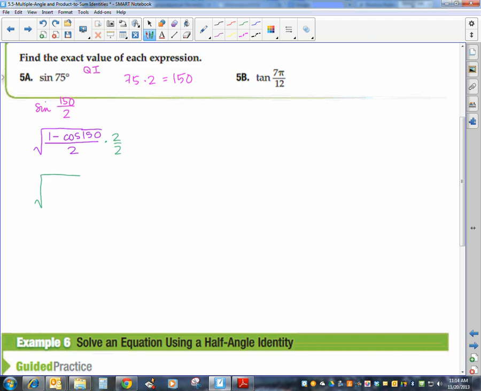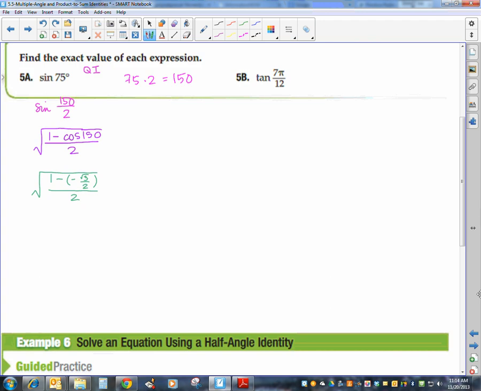Before we rationalize it, let's put in what the cosine of 150 is. So 1 minus the cosine of 150, which is negative square root of 3 over 2, all over 2.